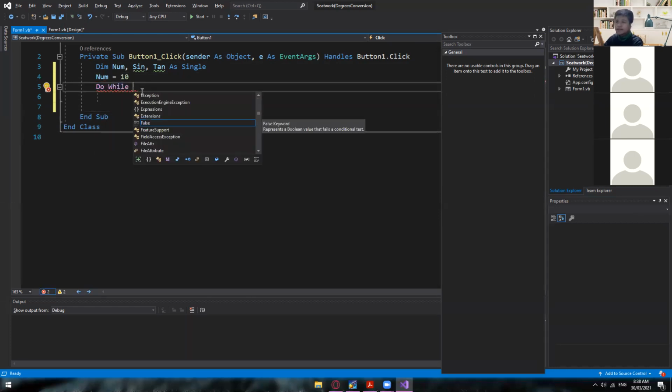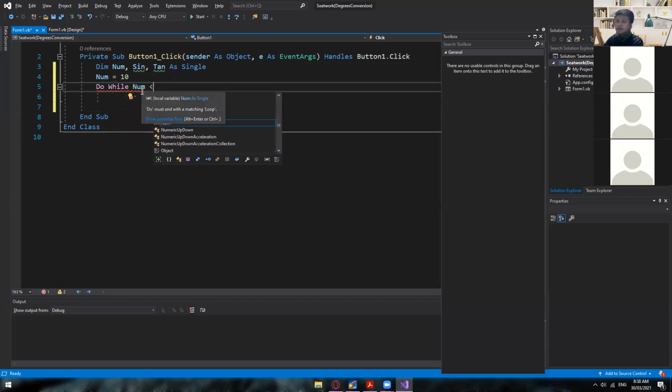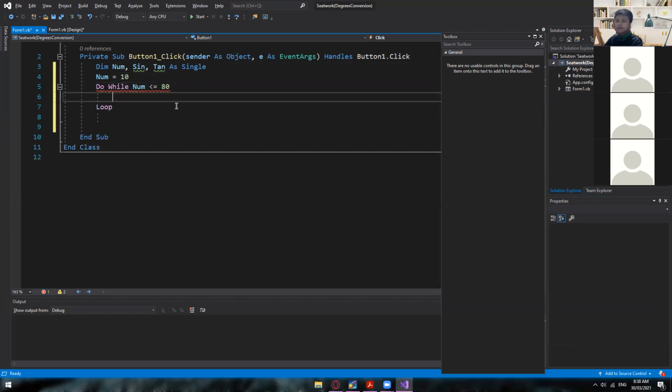So do while num is less than or equal to 80. And right here we have num is equal to num plus 10. So it's incrementing by 10.